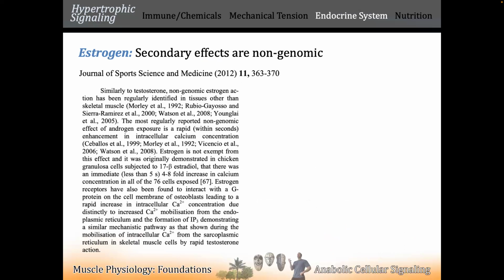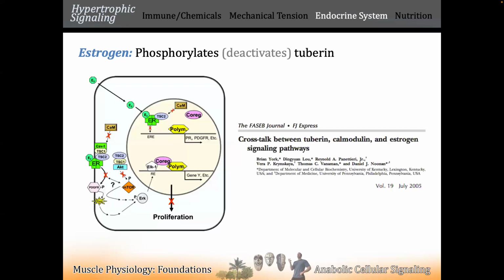But just like androgens, there are secondary effects too. And one of these is that estrogens rapidly increase intracellular calcium. I promise to remind you of this. Here's my reminder. Intracellular calcium. Estrogens are helping facilitate that. And then another role that estrogen has is the inhibition of tuberin.